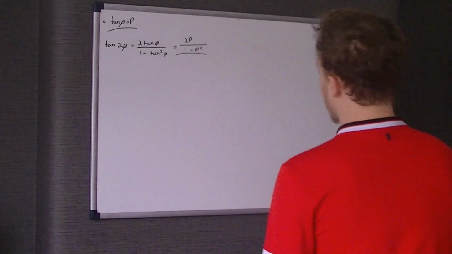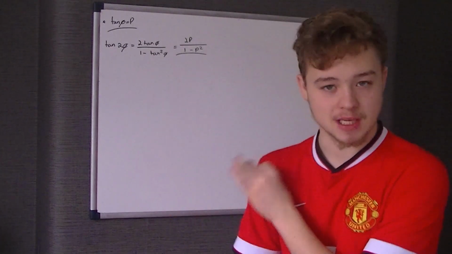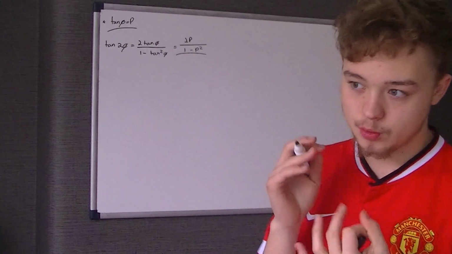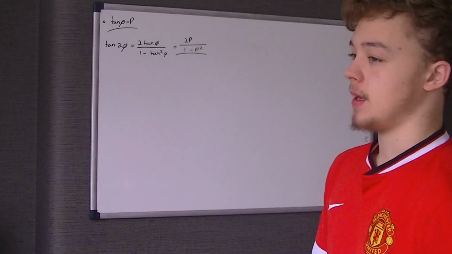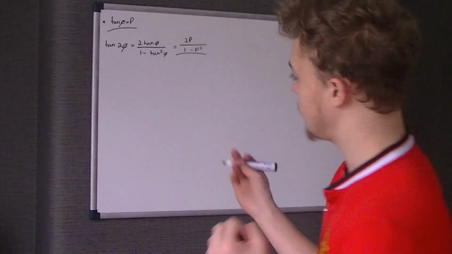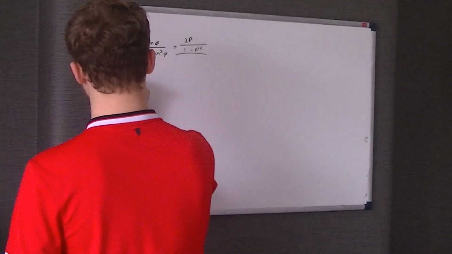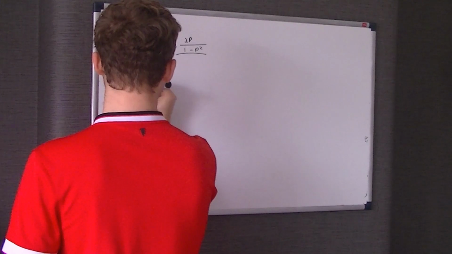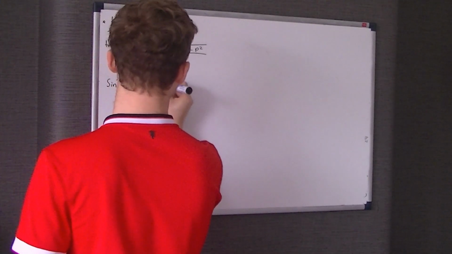Maybe not quite as clear as the one we just tried, but it's one that we build from in C2. We introduce it as sin squared theta plus cos squared theta equals 1.